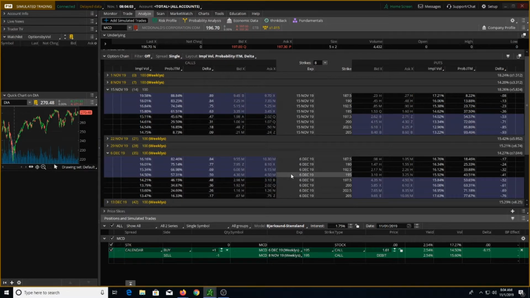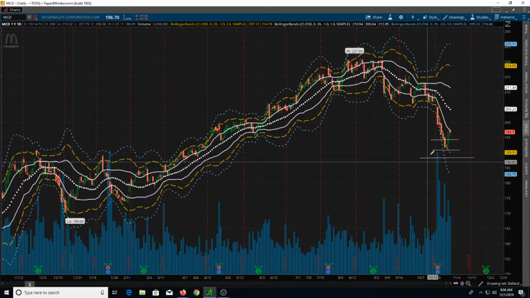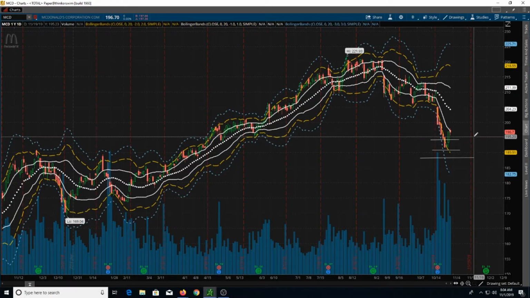Now, you're going to be losing some time decay here as it moves forward. The only two dangers you have: I would put an alert right here. So if it drops below here, I would close the position. Gain, loss, doesn't matter. I would close the position. Because if it closes here, then my idea that it's going to either consolidate, slightly pull back, consolidate, and move up is wrong.